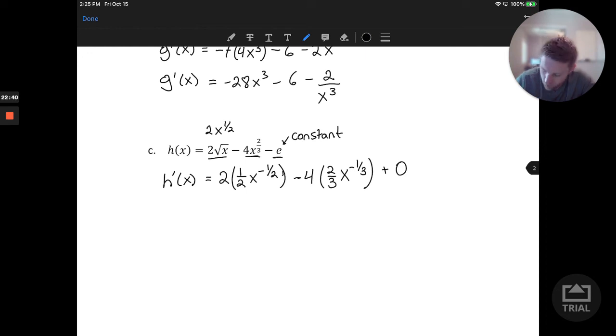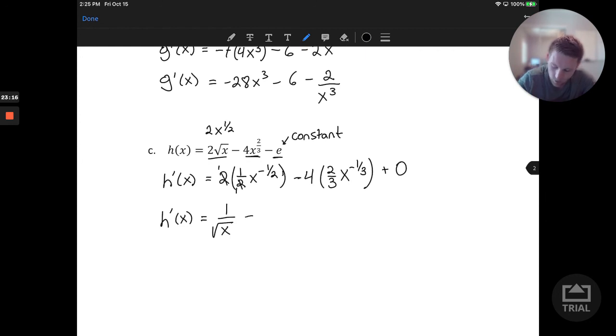So let's rewrite this one more time so it's nice and clean. We'd have 2 and 1/2 give me 1. And then the x to the negative 1/2 we could rewrite as a square root of x, but that would be in the denominator. So we can rewrite that as 1 times 1 over the square root of x. And that's where we could leave it.